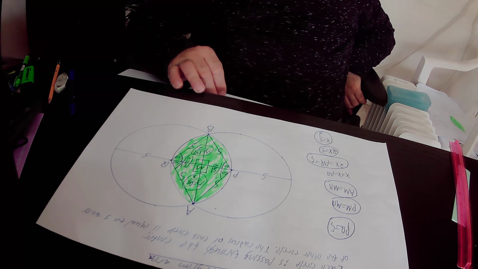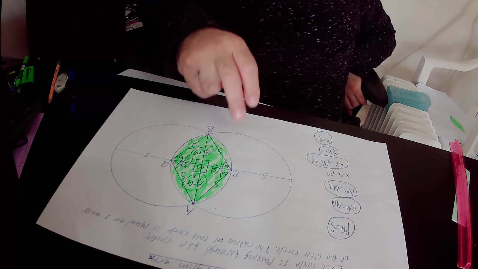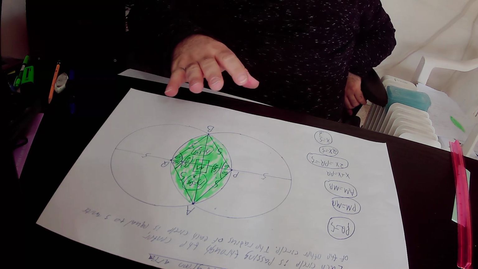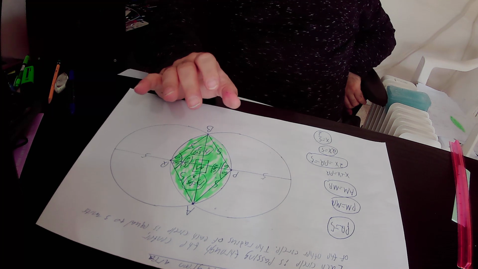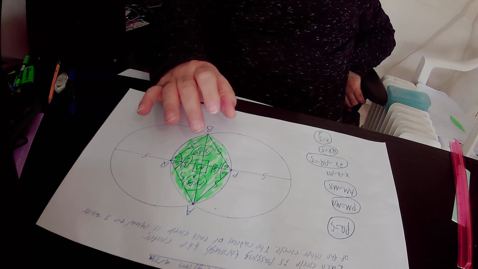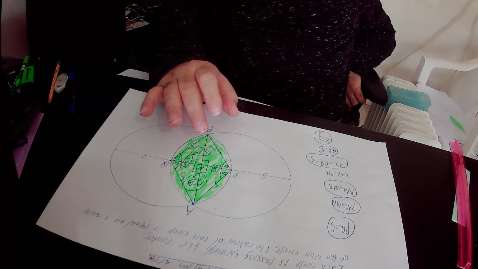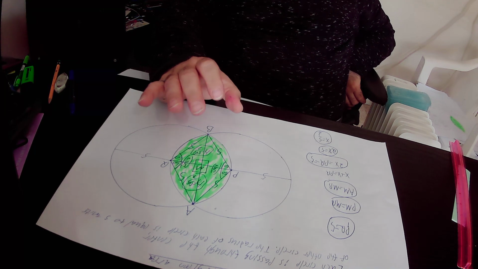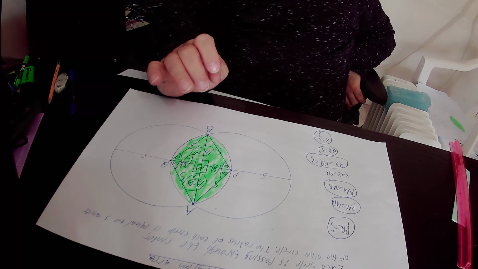So here we created quadrilateral APBQ, and in quadrilateral APBQ all of its sides are equal to each other. Therefore it is defined as a rhombus. Any quadrilateral whose sides are all equal to each other and that doesn't have 4 right angles must be a rhombus.